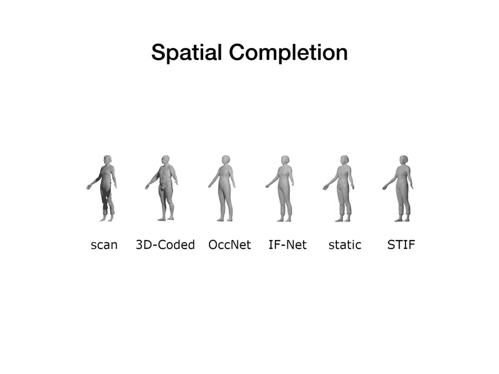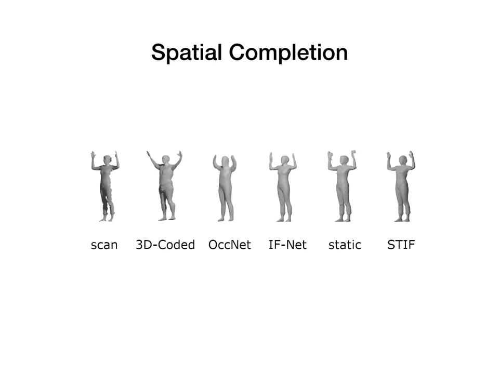We give a human motion video for spatial completion task. Our dynamic model can not only complete the partial data, but also add more intermediate frames into the motion sequence.